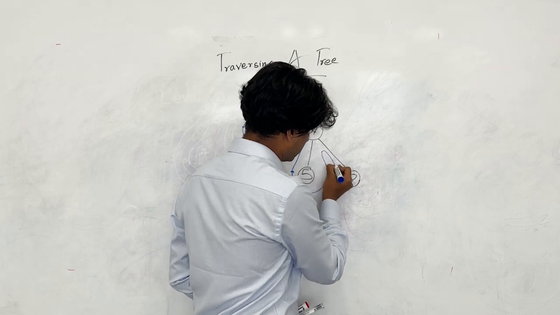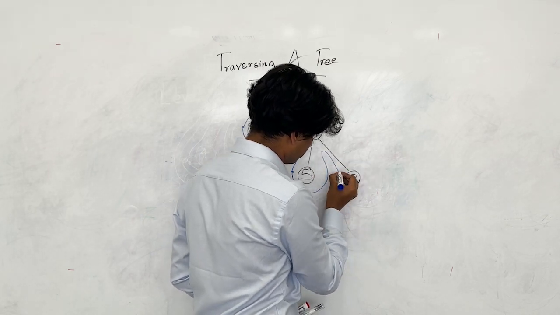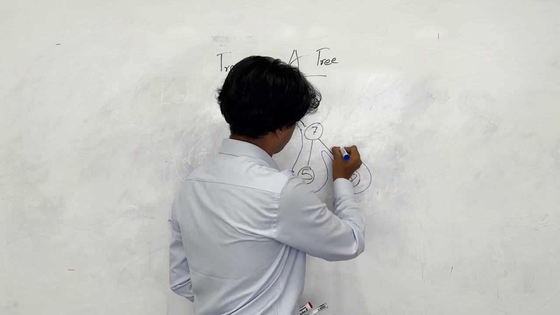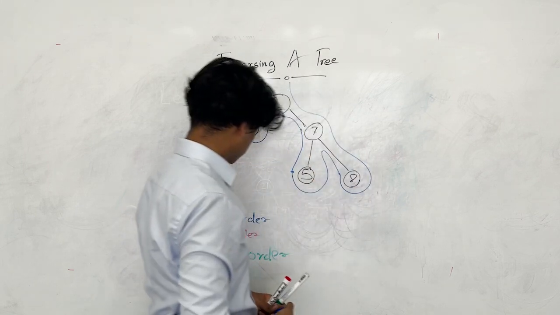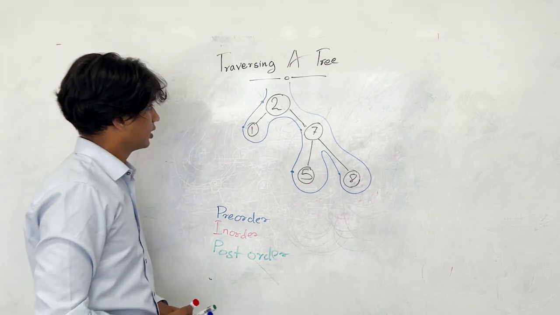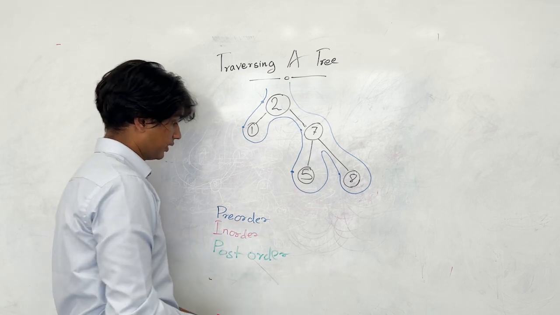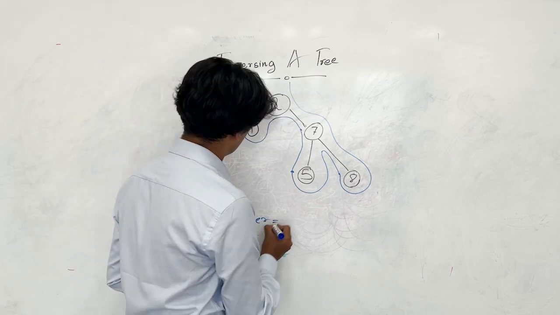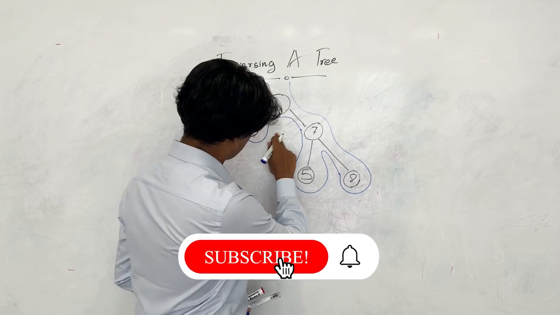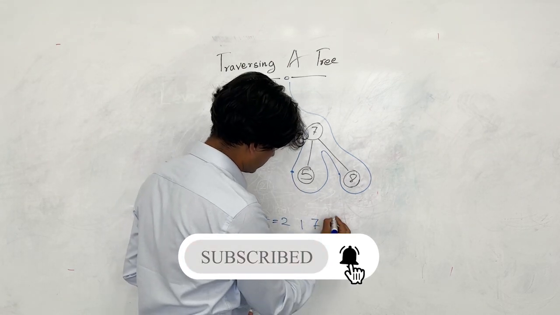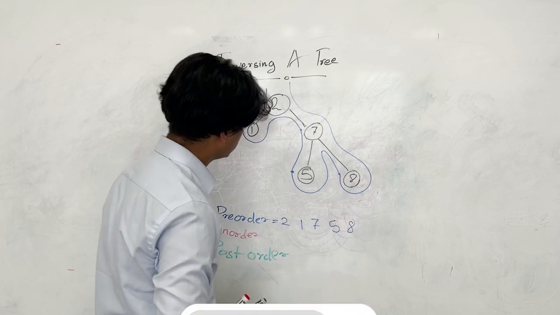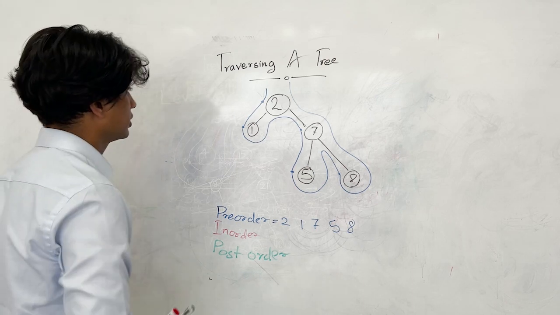So I am going back and visiting number 8. And finally, my pre-order sequence is over. So if we write the node values here, they will be 2, 1, 7, 5, 8. These are my pre-order values in this tree.